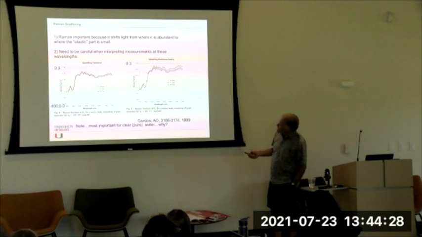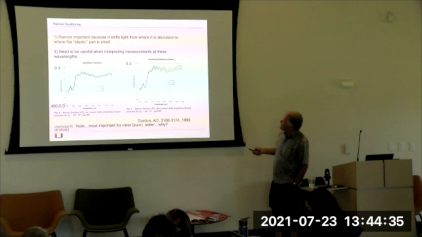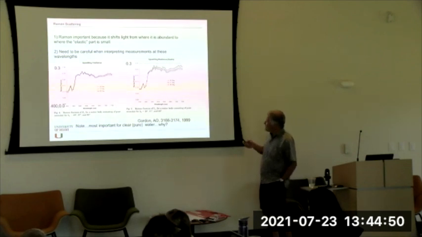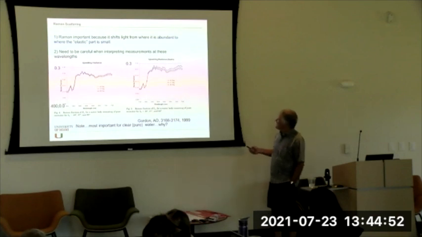So anyway, it's not important here, it becomes a larger fraction over here. This is the upwelling irradiance, this is the upwelling radiance, nadir, same deal. It's up to like 25% of the light field coming up. And this is for pure water, but 25% of the light field coming up is actually Raman scattering versus natural elastically generated light.